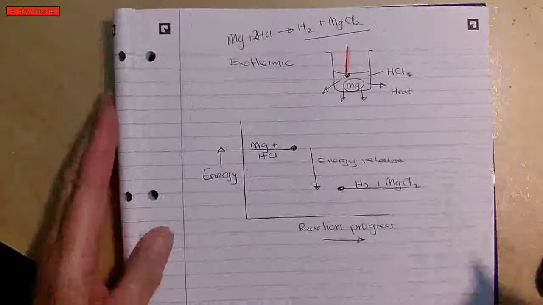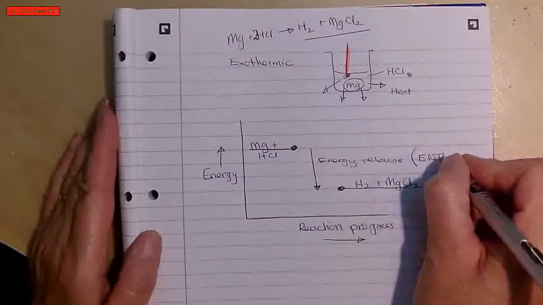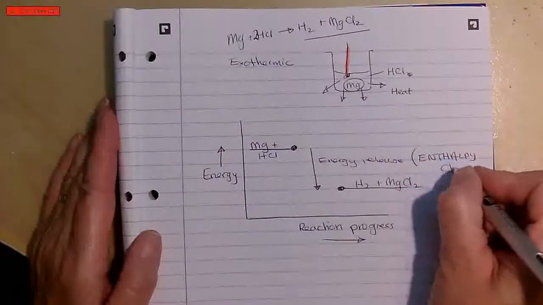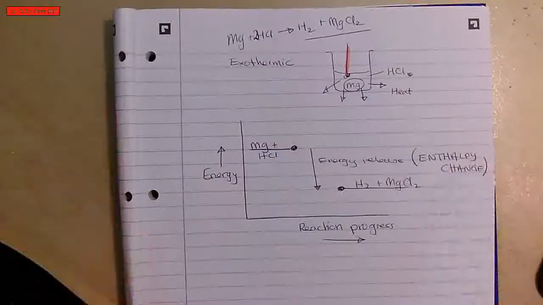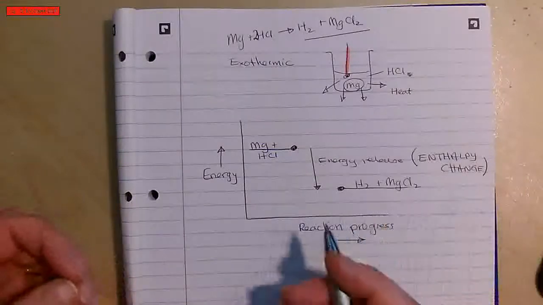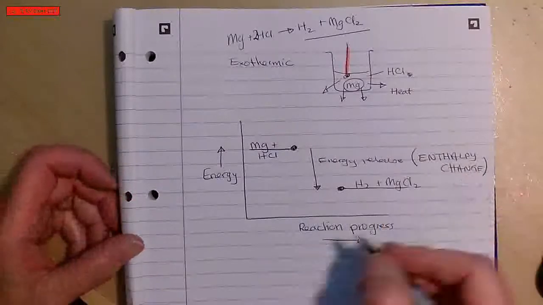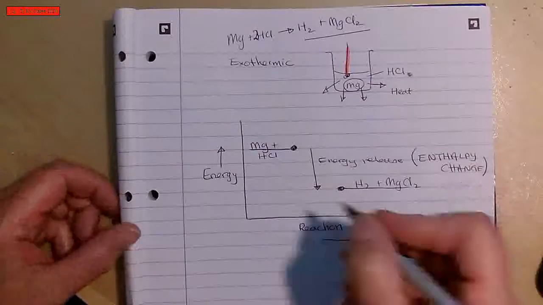Okay, and this difference is called the enthalpy change. Enthalpy is just a posh word for energy, so enthalpy change. And as chemists, we like to do a little bit of a shortcut. Enthalpy change is a long word to keep writing.